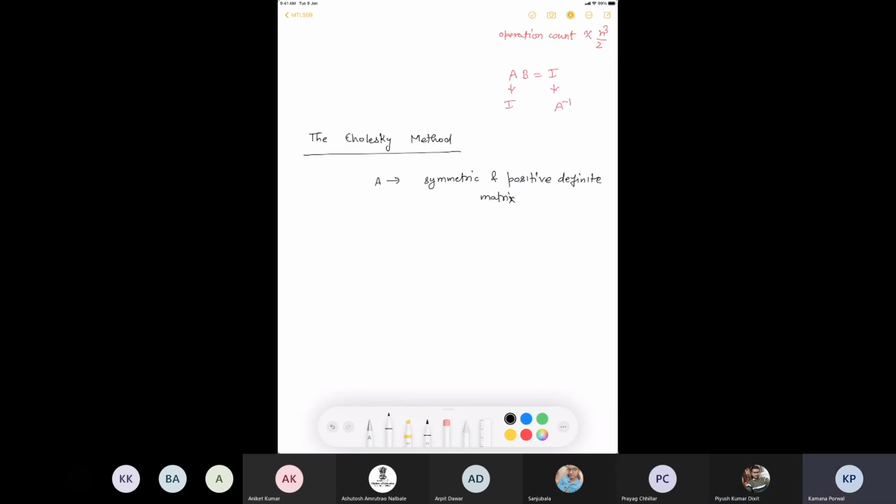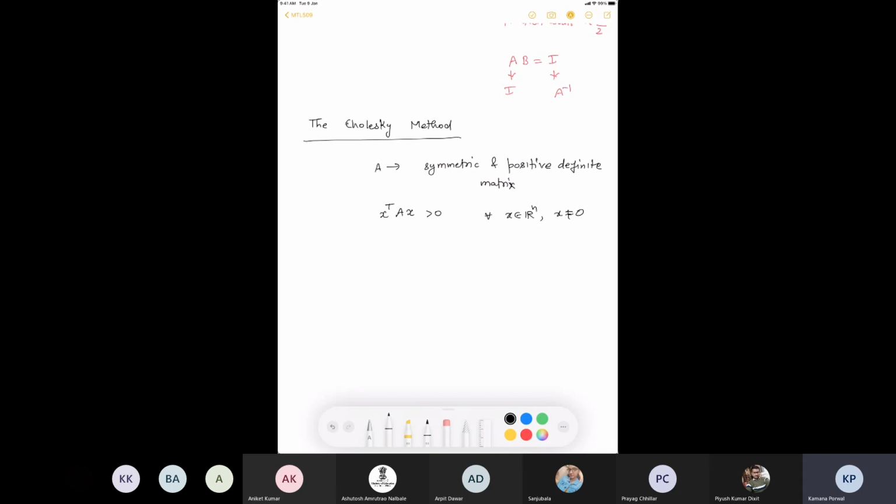Yeah, so you can check the eigenvalues, or its definition is that if you take any vector x and compute the product x transpose A x, this is strictly greater than 0 for all x which are non-zero. Okay, so if your matrix satisfies this, you say that it is a positive definite matrix.